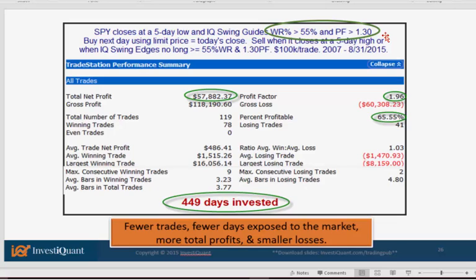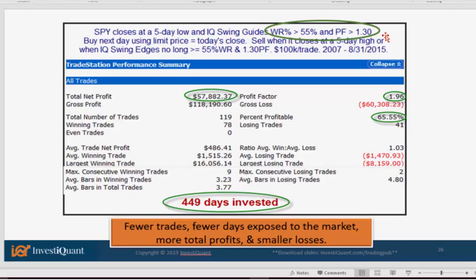The 55% and the 1.3 are metrics that I generally use for my own trading. They tend to be pretty good, even on their own, at suggesting an upside edge.